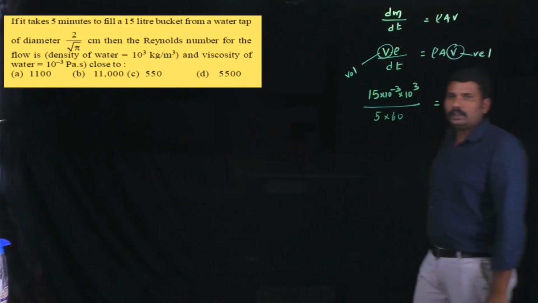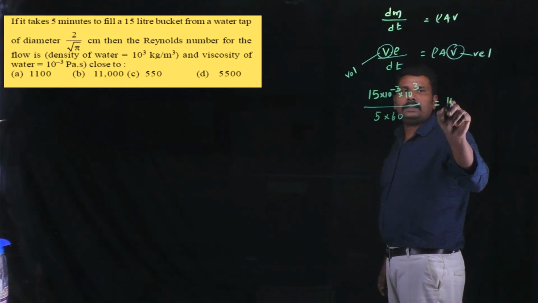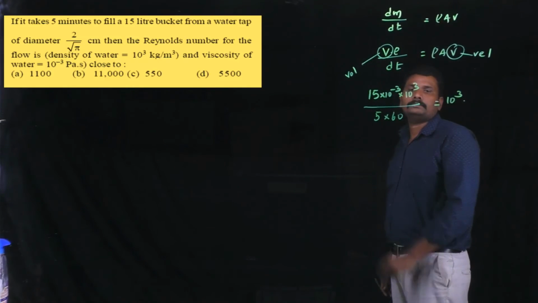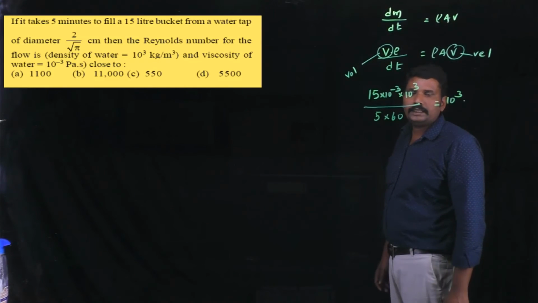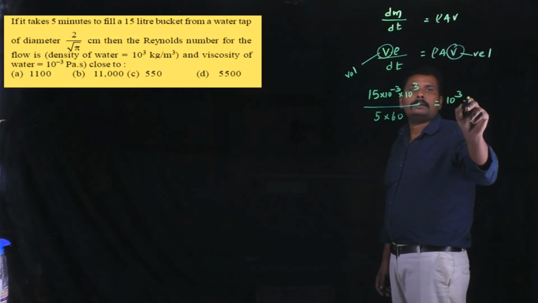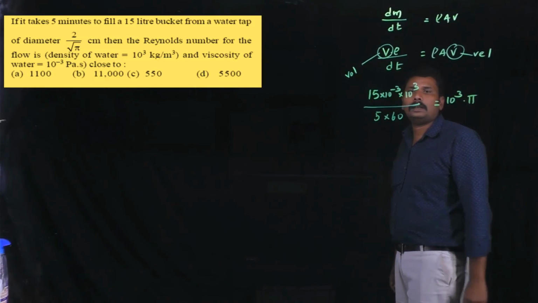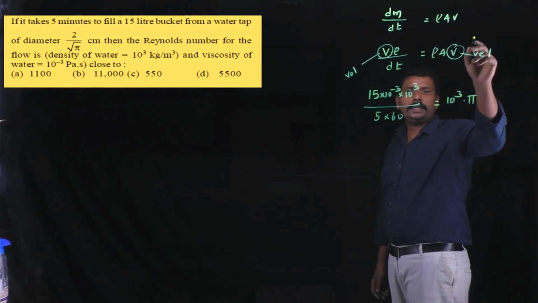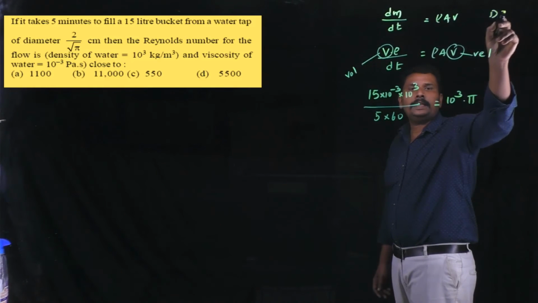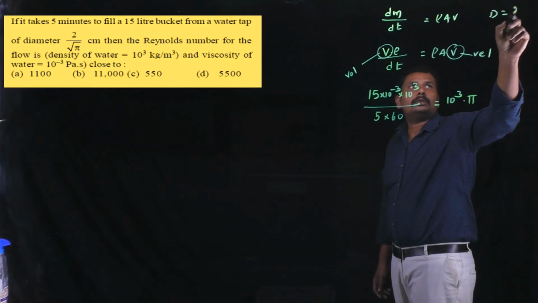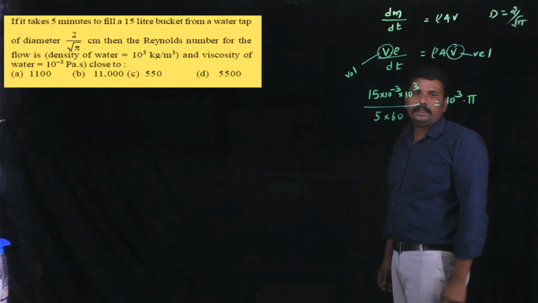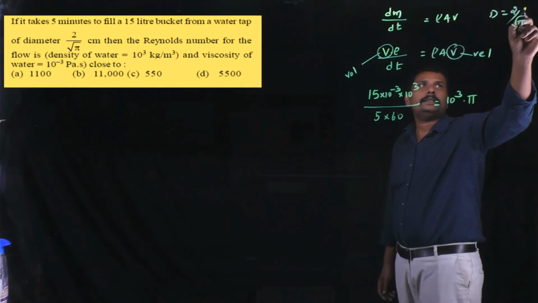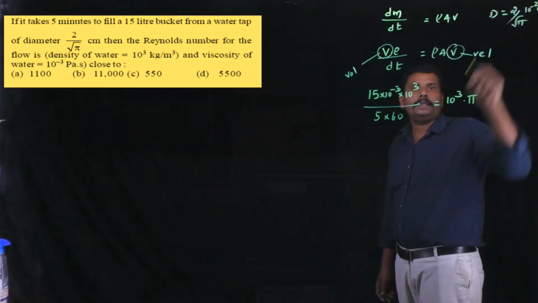The value of rho, once again, the density of the liquid is 10 cube. The area of cross section is pi r square. In the question, the diameter is given as d equals to 2 by root pi centimeters. Centimeter means 10 power minus 2 meters.